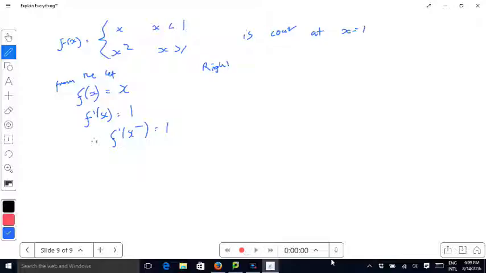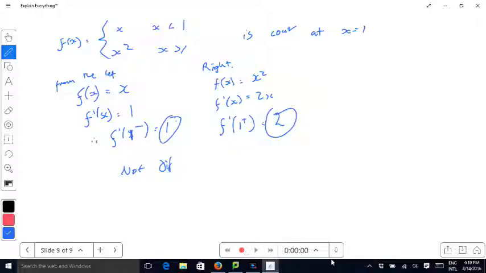From the right, f of x is x squared, so f dash of x is 2x. When you put 1 in, f dash of 1 from the right is 2 times 1, which is 2. Because the left does not equal the right, it is not differentiable at the point x equals 1.